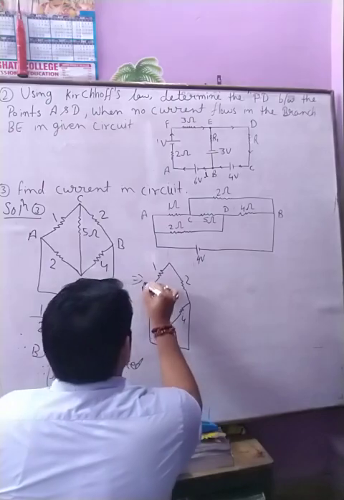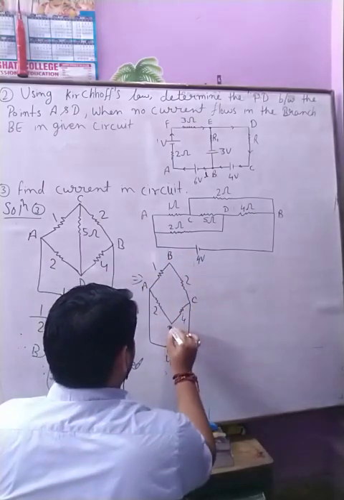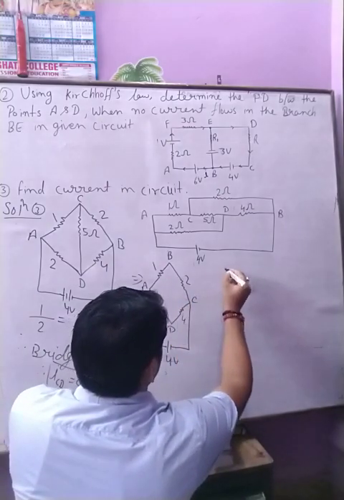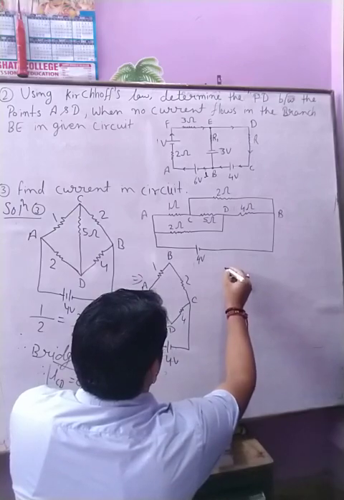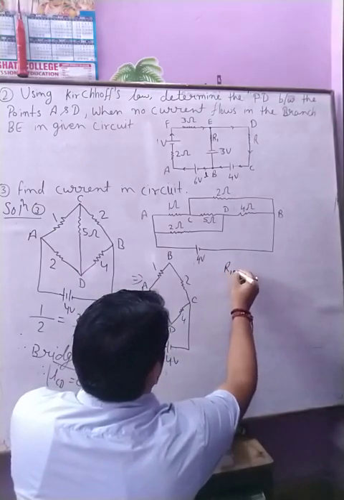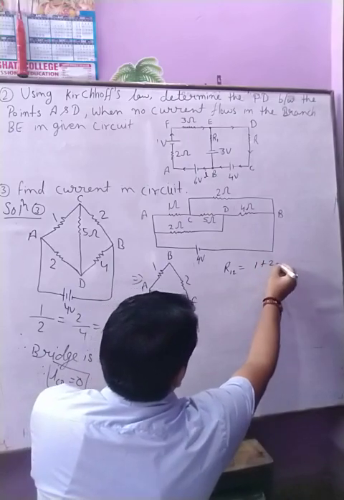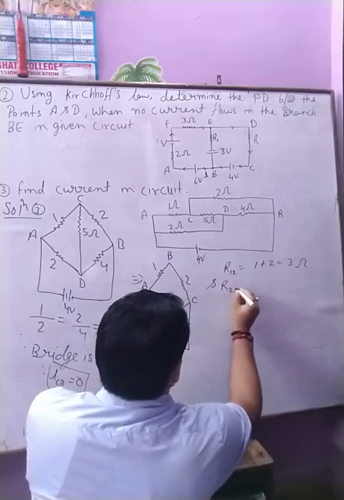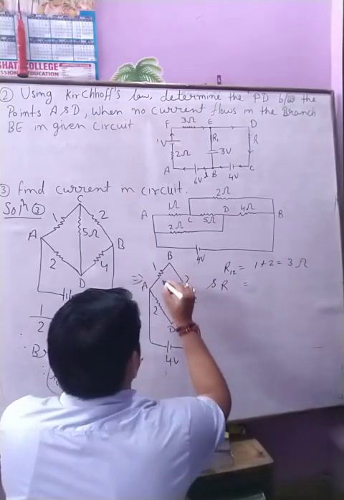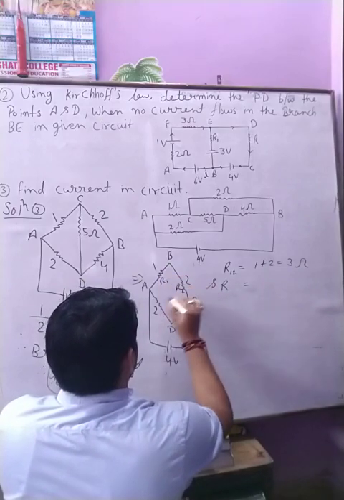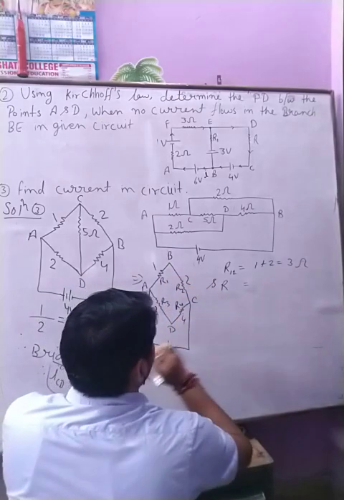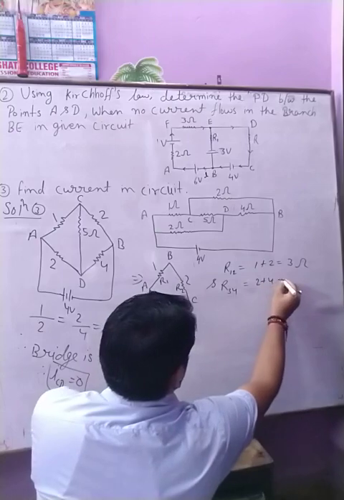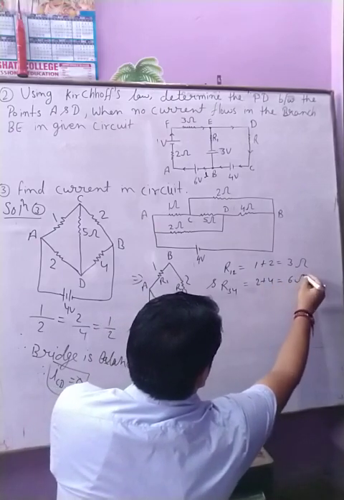Now A, B, C, D. So equivalent resistance R12 is 1 plus 2 is 3 ohm, and R34, or we say this is R1, this is R2, this is R3 and this is R4, is 2 plus 4 is 6 ohm.